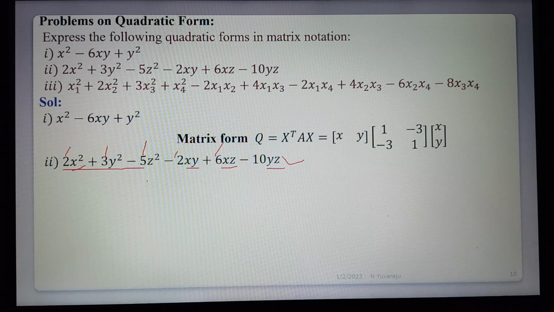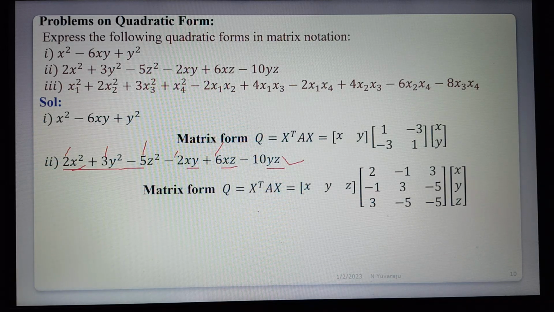The matrix form is Q equals x transpose A x. X transpose means the row vector of unknowns x, y, z. This is the a11 coefficient, the x square coefficient. This is a22, the y square coefficient. This is the coefficient of z square, a33. This is a12 and a21, the xy coefficients.